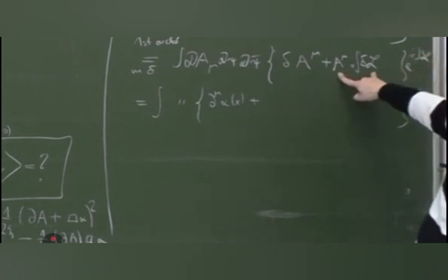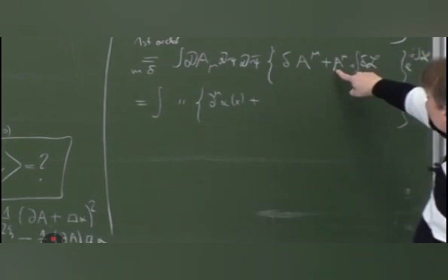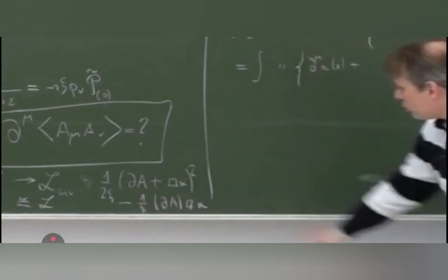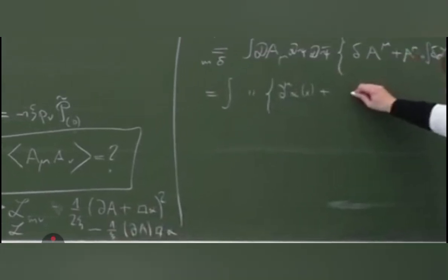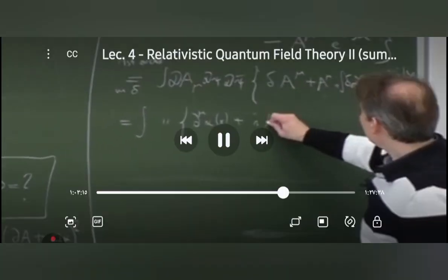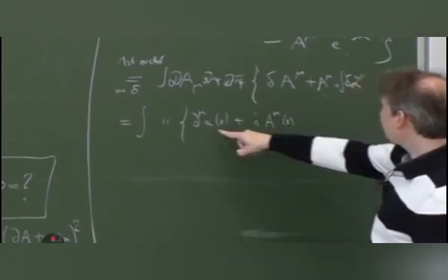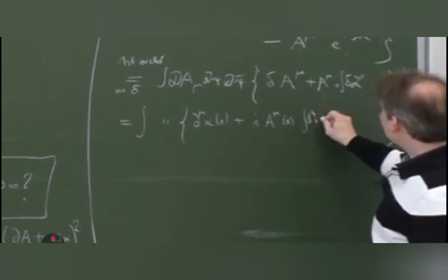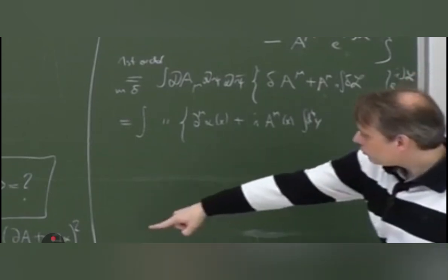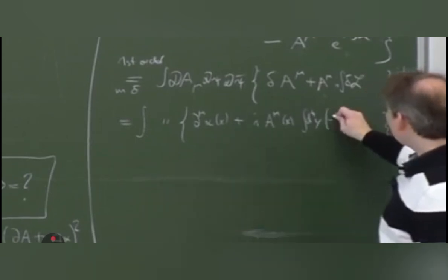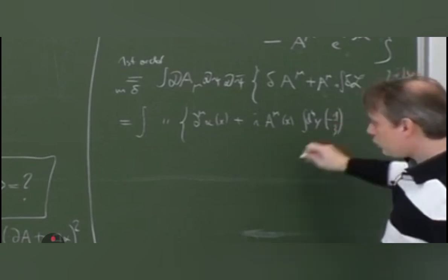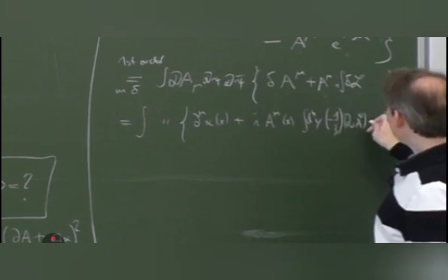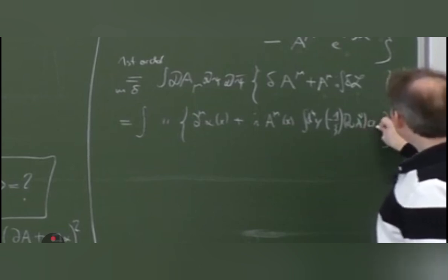But here, what do we have? Here we have A mu times the change of the action, which is this expression. So let's write it down: i times A mu at the same space-time point x, then an integral over d4y times the change of the action, minus 1 over xi times d nu A nu and D'Alembert alpha.